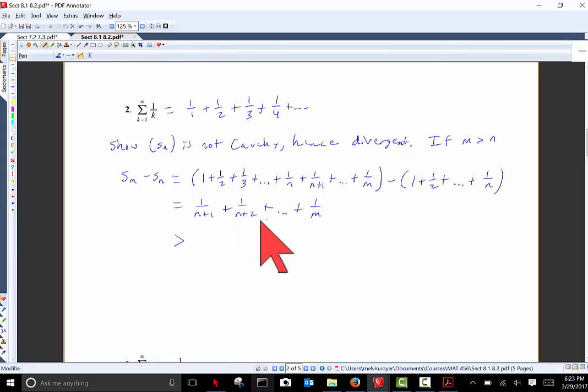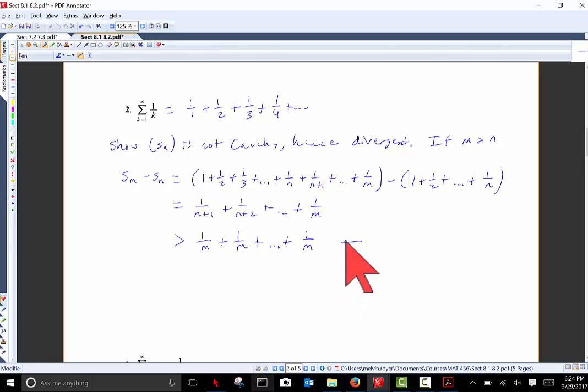And the largest of these denominators is the last one, m. And so let's replace every term by one that has a denominator m, plus dot dot dot plus 1 over m. So for example, this term is greater than this one because it has a smaller denominator. This term is greater than this term because it has a smaller denominator, and of course the last terms are equal.